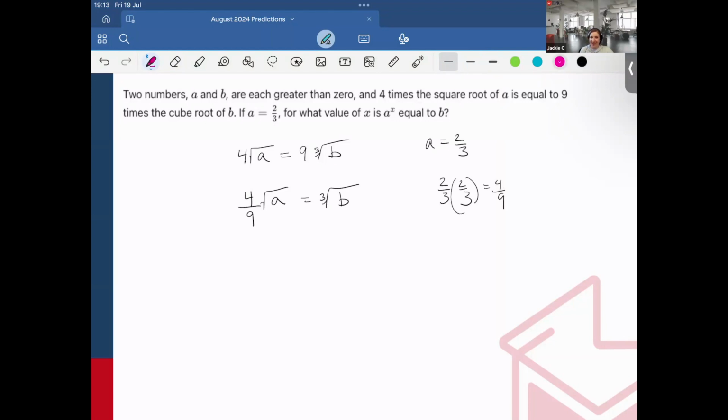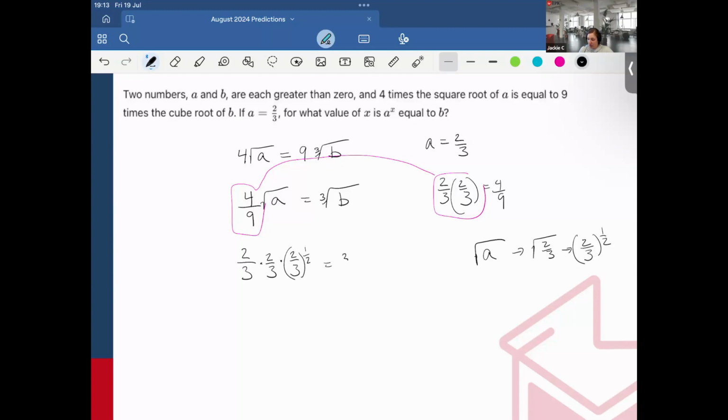So I could re-express this as 2/3 times 2/3 times the square root of A. The square root of A is the square root of 2/3, and remember, anything under a square root is the power of a half, so it would be 2/3 to the half power. So this would be 2/3 times 2/3 times 2/3 to the half power, and this is all equal to the cubed root of B.